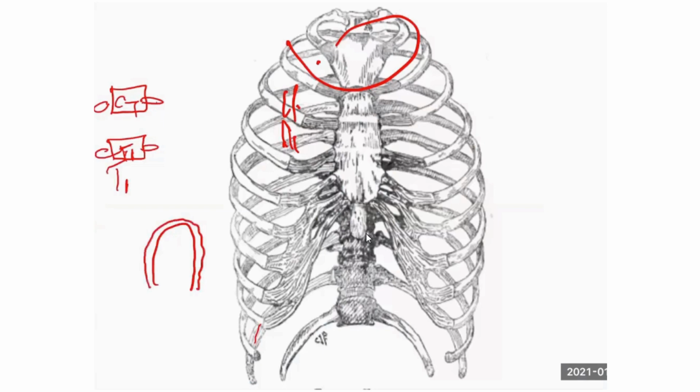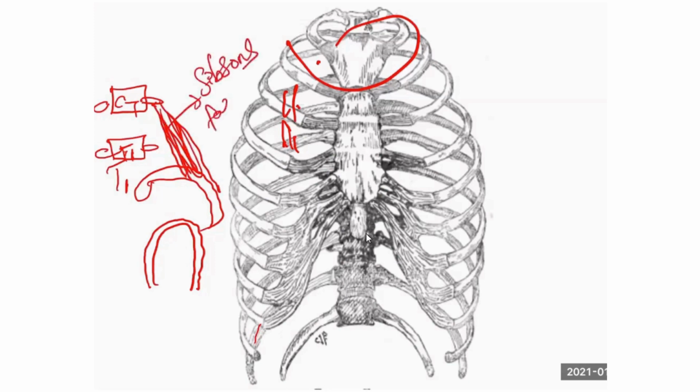Extending from C7 towards the first rib, you get a fascia extending down in a triangular shape. That fascia is called Sibson's fascia, which is hooked above by the subclavian artery. The extent of the fascia is from C7 to the first rib, not the thoracic vertebra.